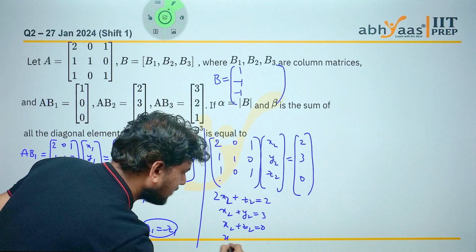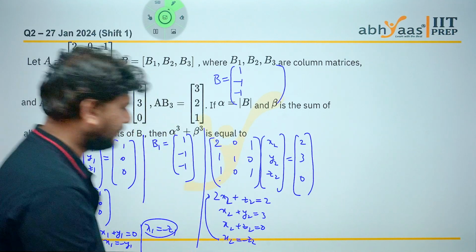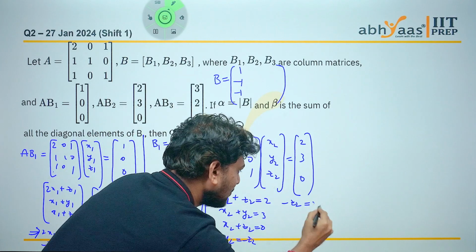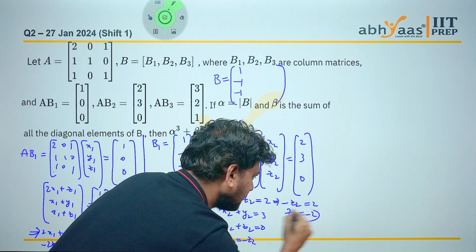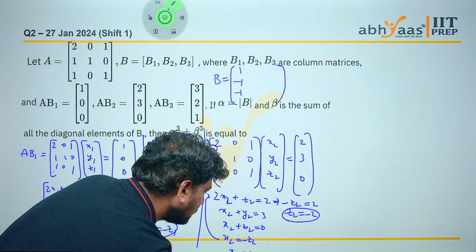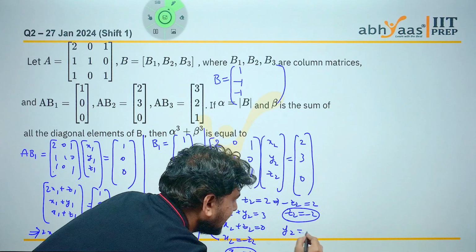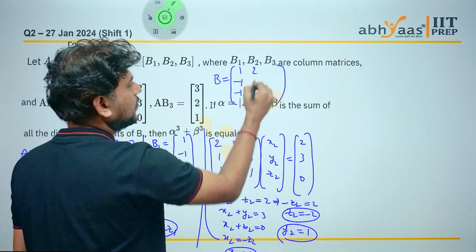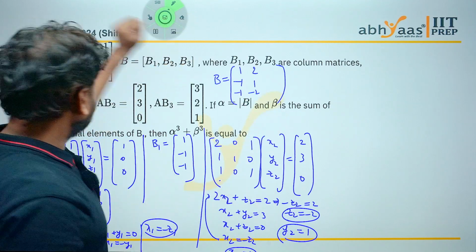So from here x2 is equal to minus z2. Substituting this here, that will be minus 2z2 plus z2 equals 2, so z2 will be minus 2, x2 will be 2. Substituting here, y2 will be 3 minus 2, that is 1. So B2 is (2, 1, minus 2).